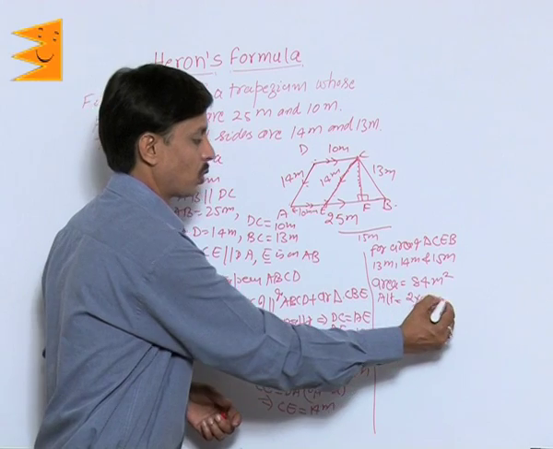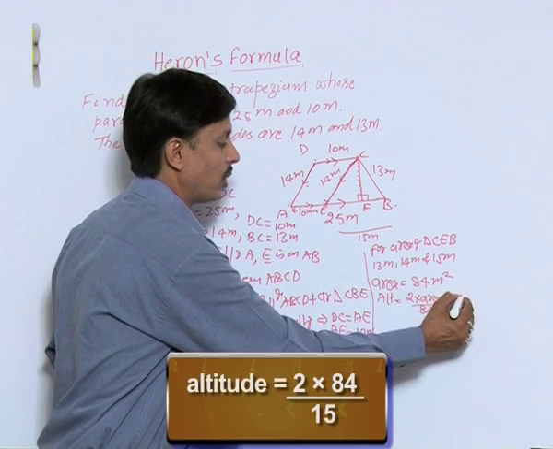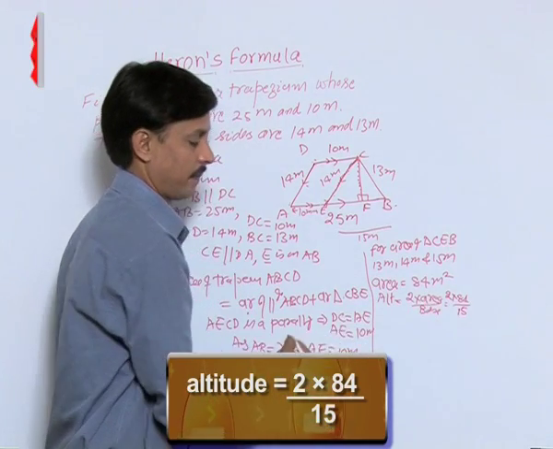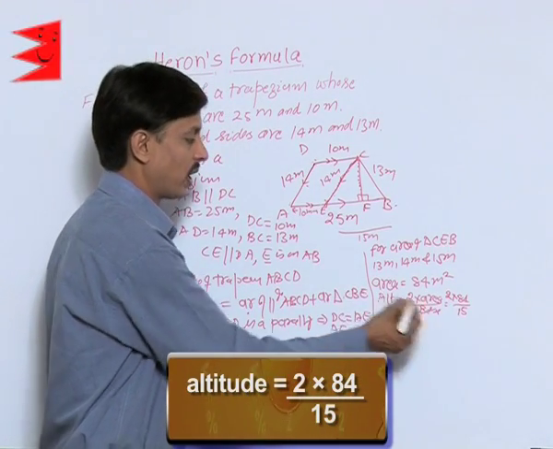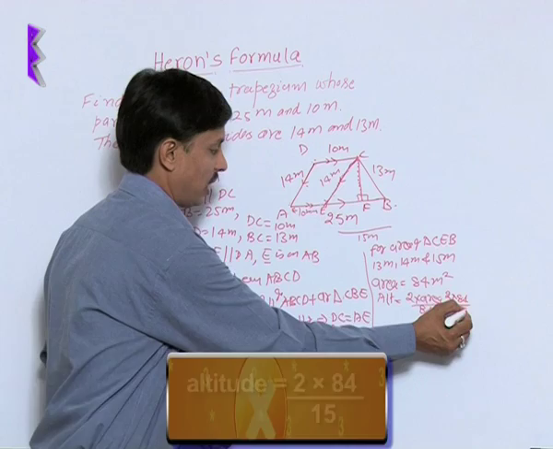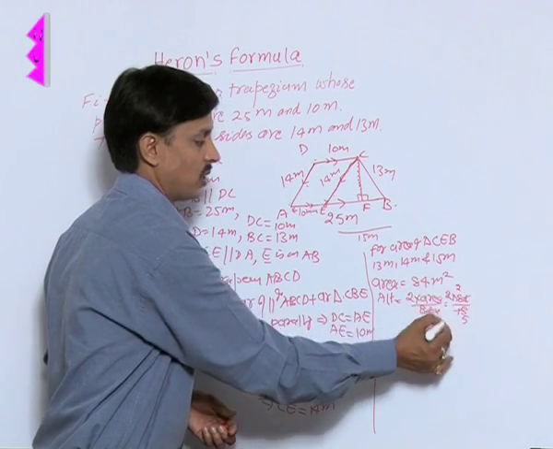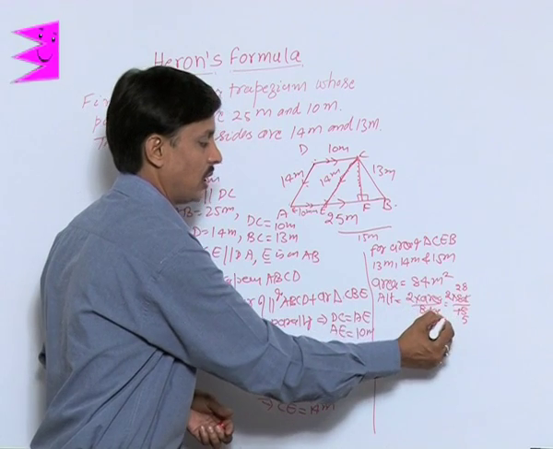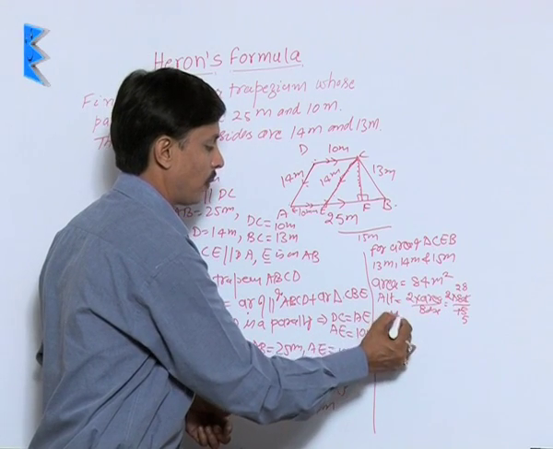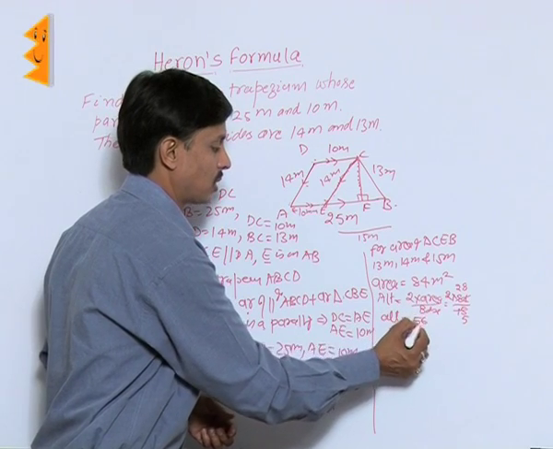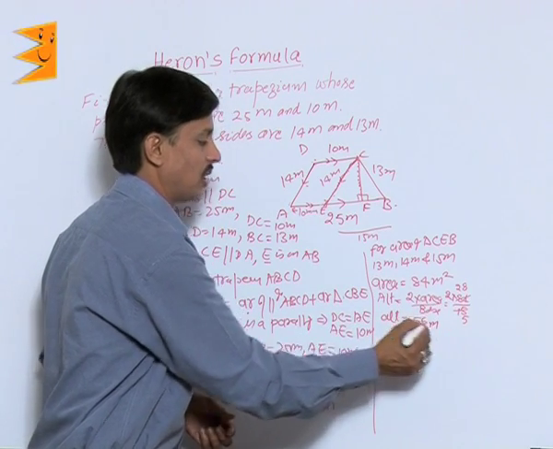Area is 84, so it is 2 into 84 upon 15. You can see we can cut it, 3 5s are 15, and this is 3 2s are 6, 3 8s are 24. So the length of the altitude becomes 56 upon 5 meter.